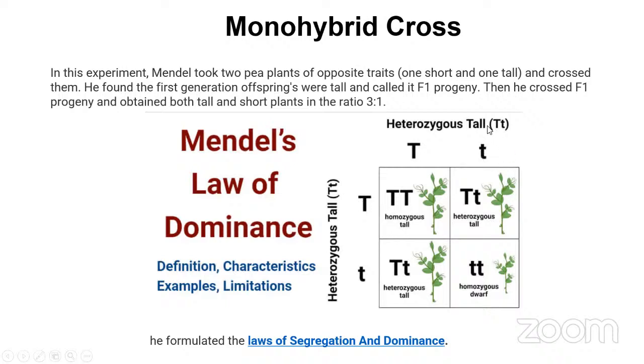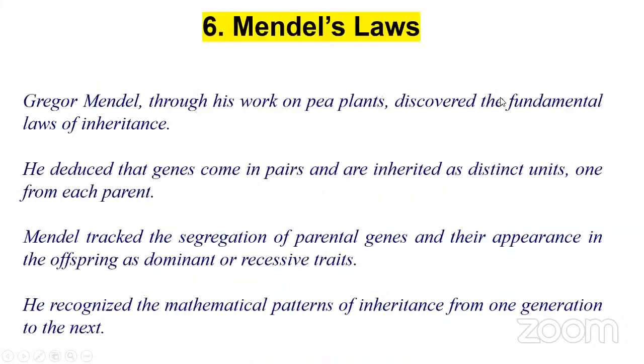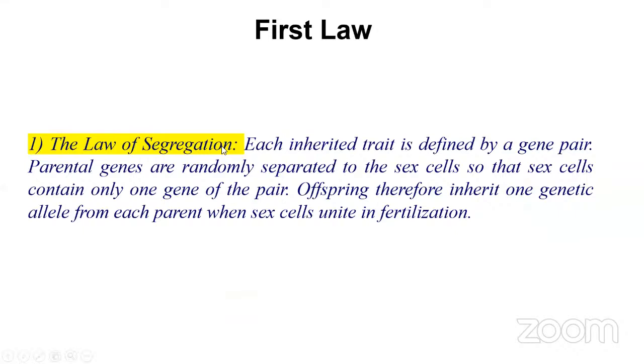Then the other plant, like Tt, has capital T in one and small t in another. So parental genes are randomly separated to the sex cells, so that the sex cells contain only one gene of the pair.